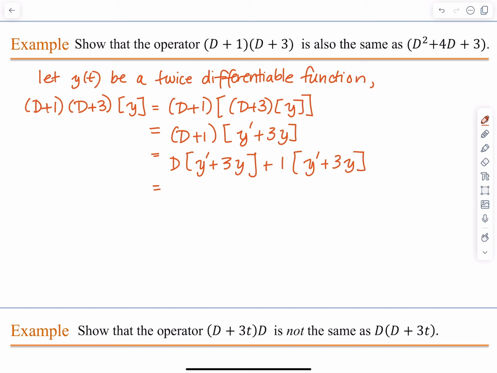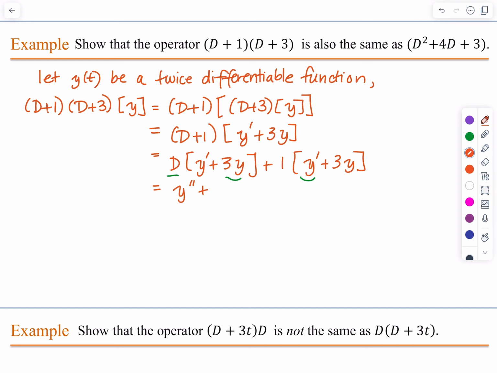So this operator D on y prime plus 3y will give us y double prime plus 3y prime, since this is the derivative.